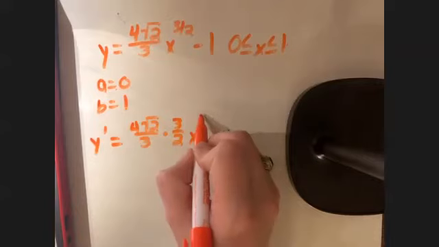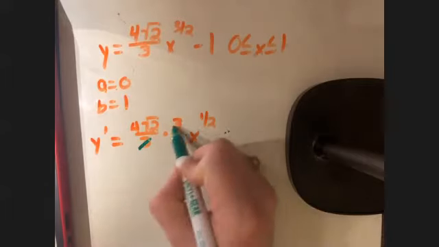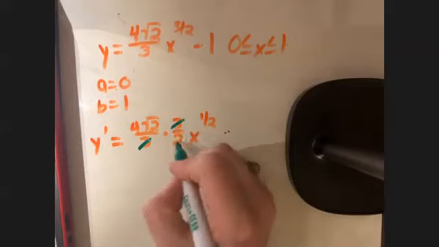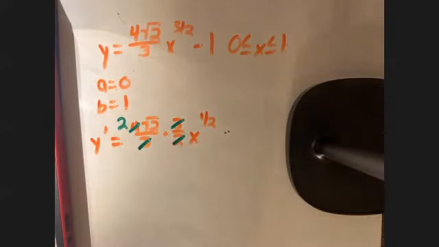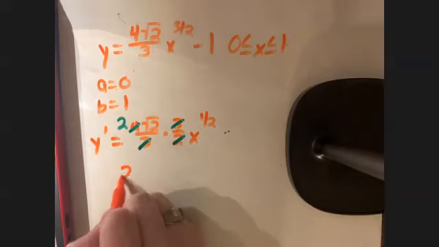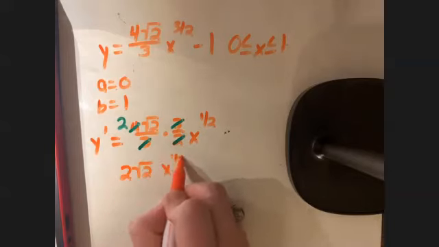That's going to drop by 1, so it's going to come down to x to the 1 half, and the 1 is going to go away. Doing some cleanup here, the 3's will go away. This and this will go down to a 2. So I have 2 square root of 2 x to the 1 half.